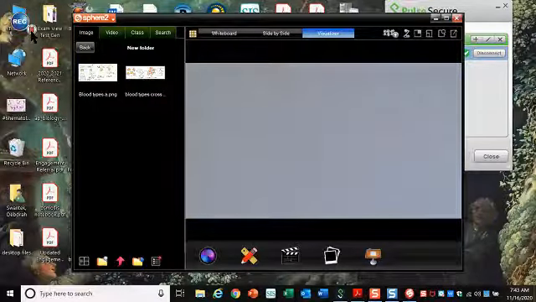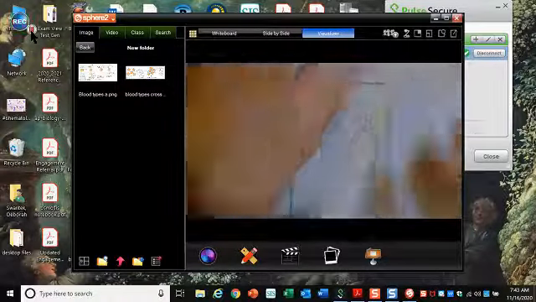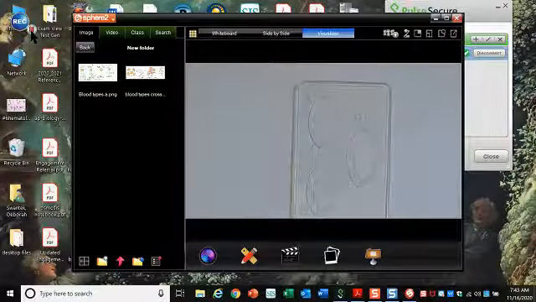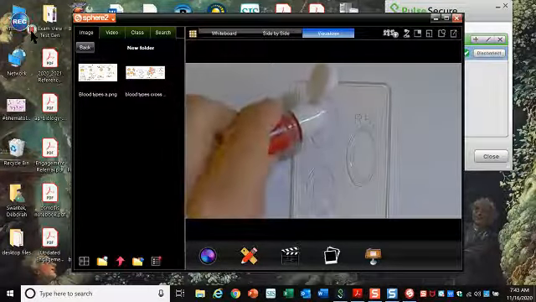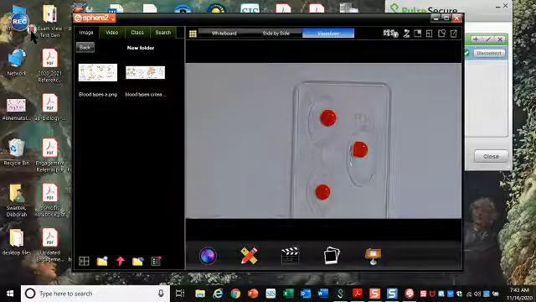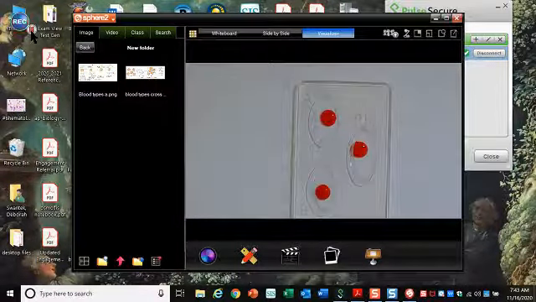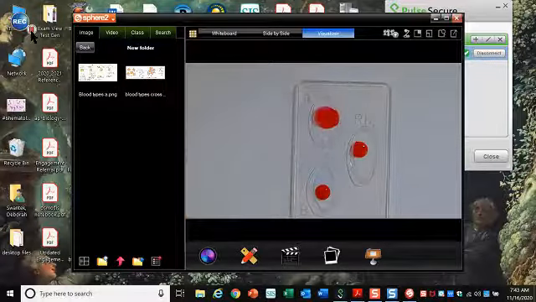Okay, last sample that we're going to look at. Okay, this is sample number 8. One drop of blood. Anti-A antibody.